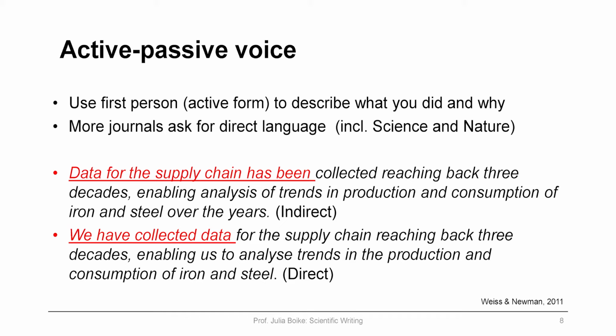Data for the supply chain has been collected, reaching back 3 decades, and so on. Has been collected is passively stated. You don't know who collected it, so it's basically anonymous. Changing it to the active voice puts the verb into action and says who collected the data: I or we have collected data for the supply chain, reaching back 3 decades, and so on.